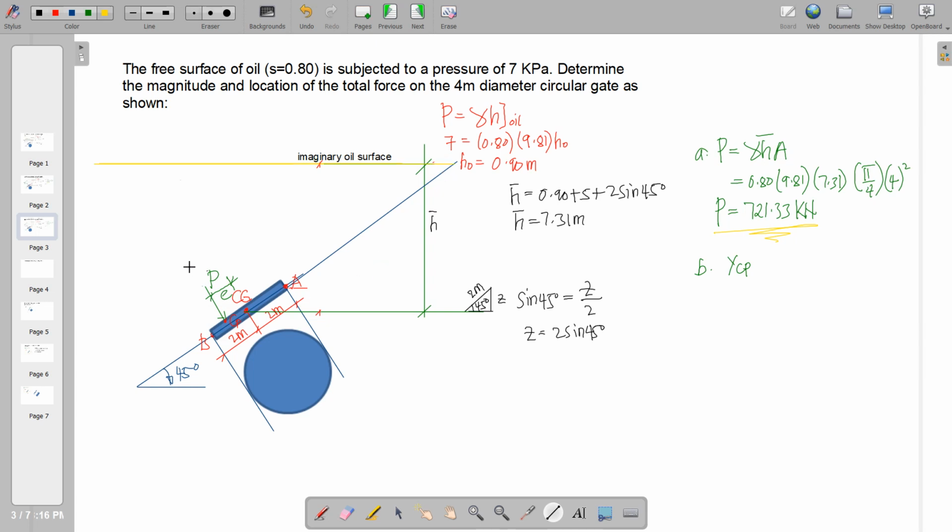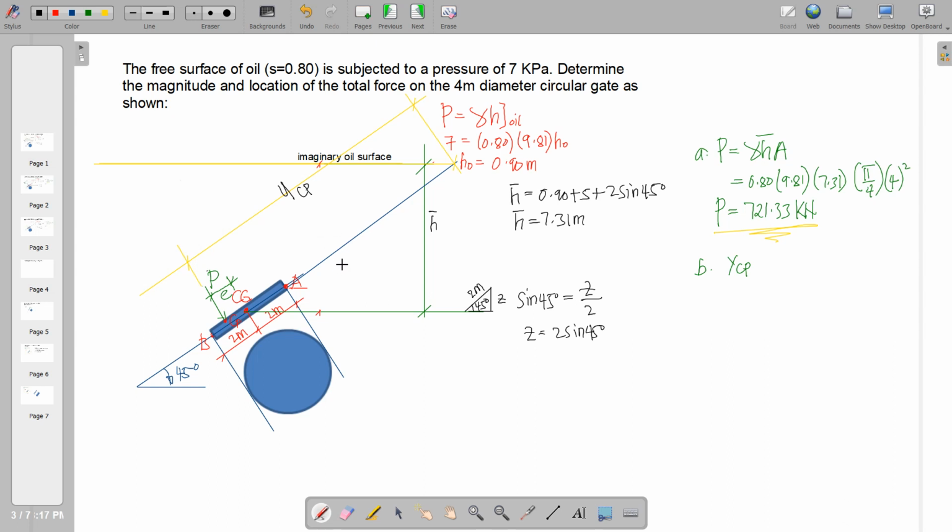So from that, from CP, we project this along the body up to the imaginary liquid surface parallel to the body. And then from its intersection, so this is our dimension here.